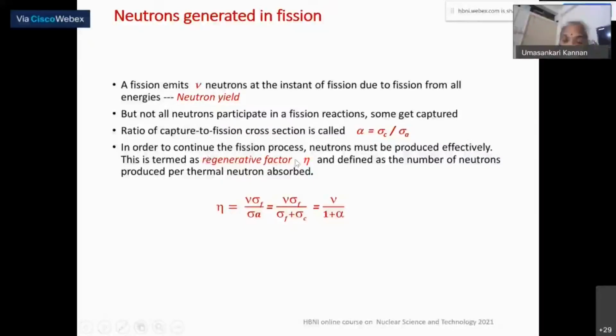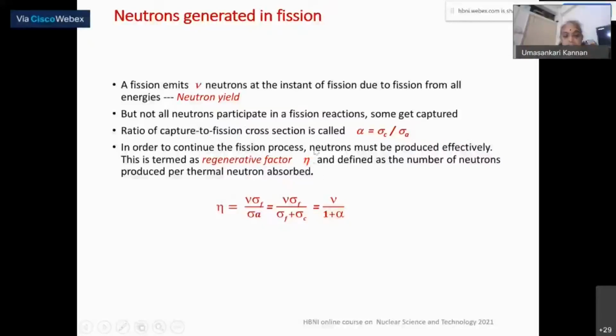In order to continue the fission process, the neutrons must be produced effectively. So this is termed the regenerative factor, eta. This eta is different from nu. Eta is defined as the number of neutrons which are produced per thermal neutron absorbed. Any fission event is giving you new neutrons, say neutrons of all energies, but we need to find out how many thermal neutrons have been absorbed, which is giving you the neutrons.